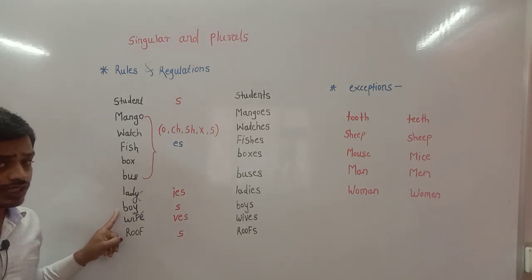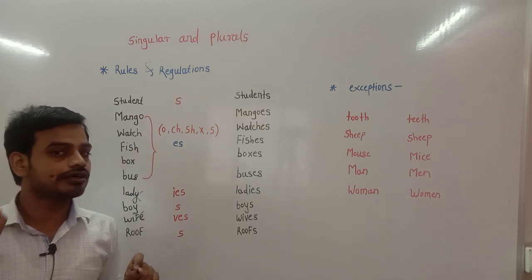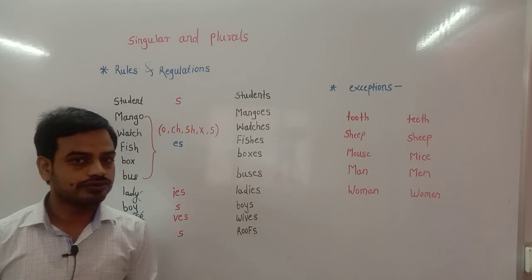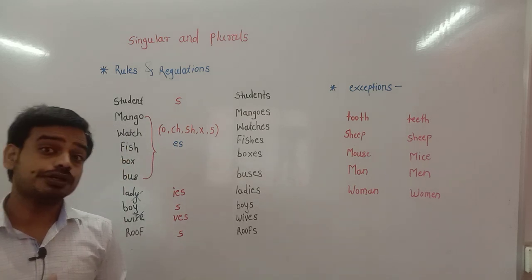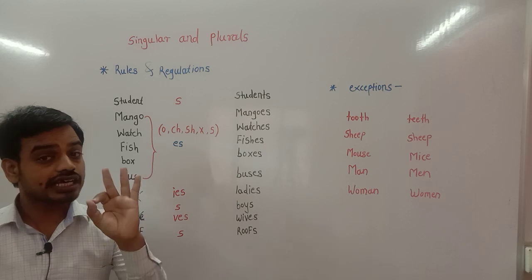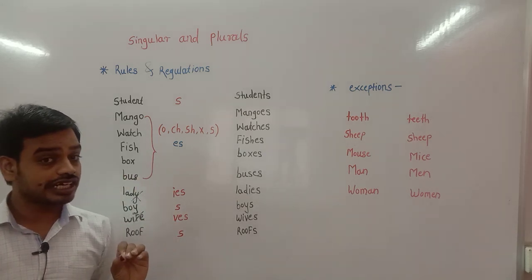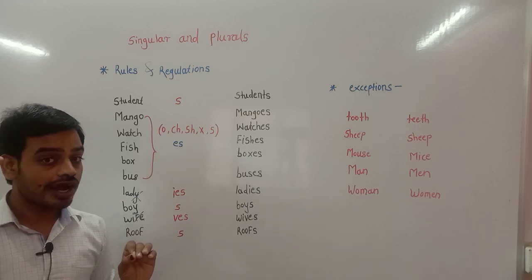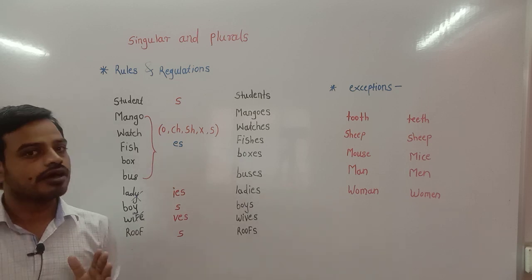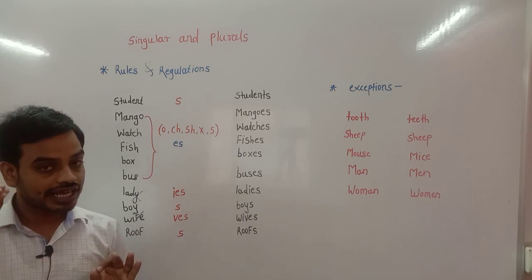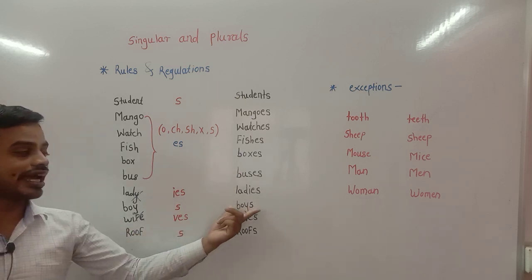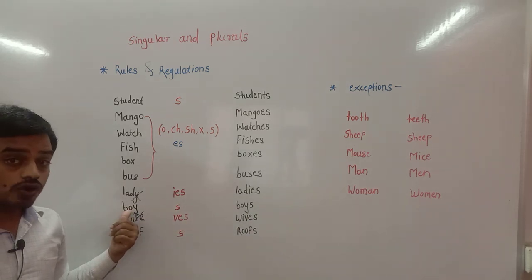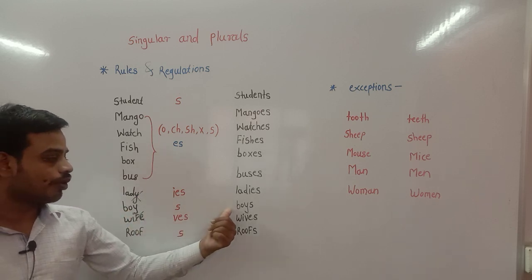The simple difference is this: if a word ends with Y and before Y there is a vowel, then use only S. In English there are 5 vowels: A, E, I, O, U. Because here is the O and O is a vowel, that's why boy, boys.